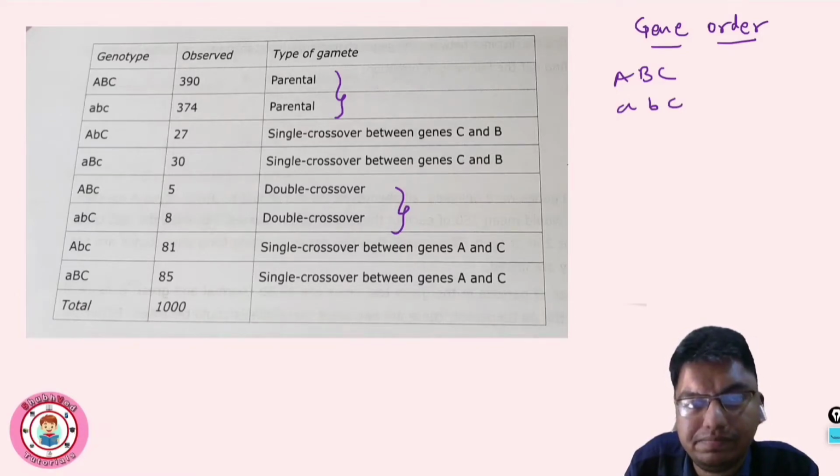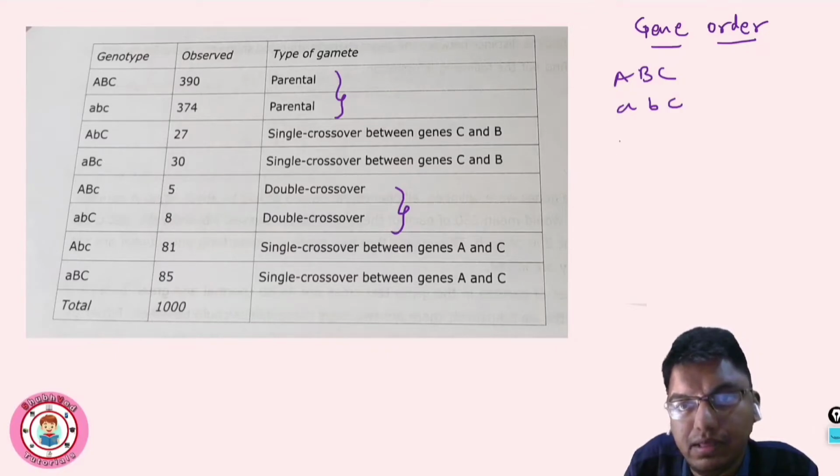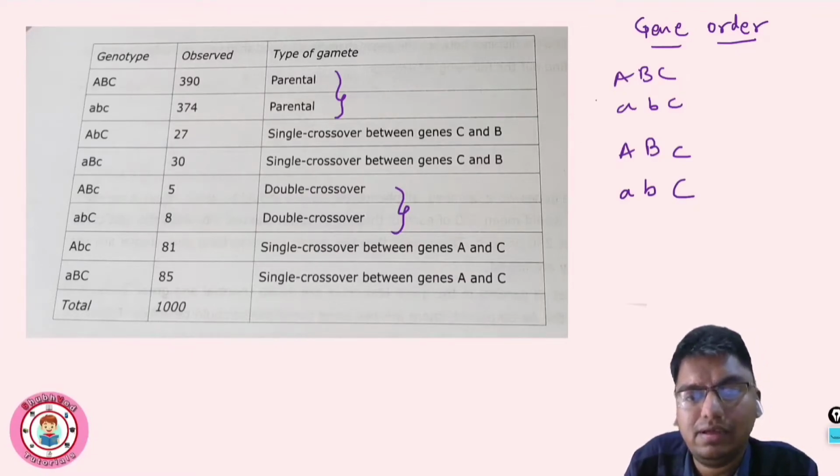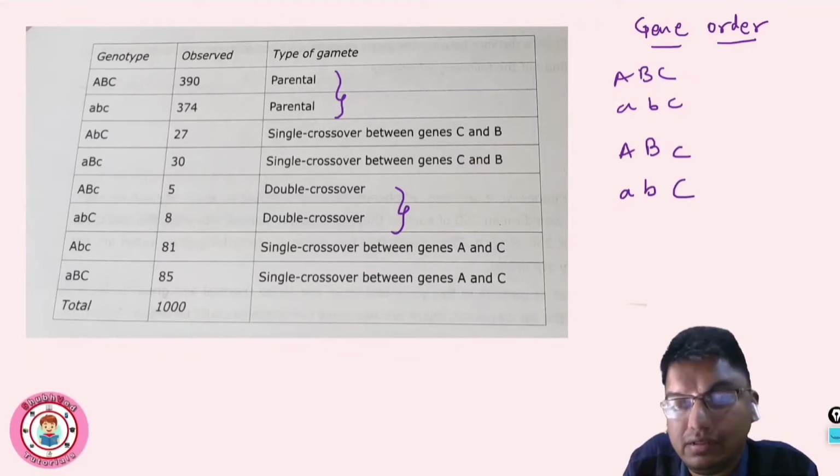They have given capital A, capital B, and small c. Okay, and then small a, small b, capital C. So in the double crossover, we know that the middle one changes.